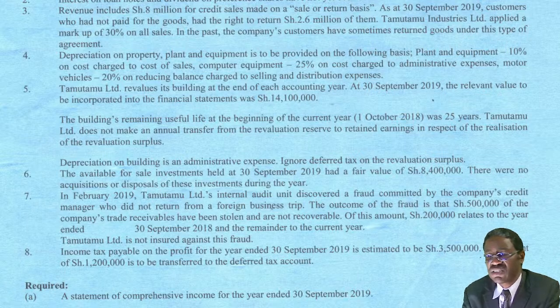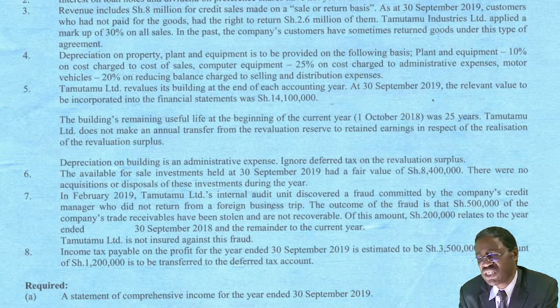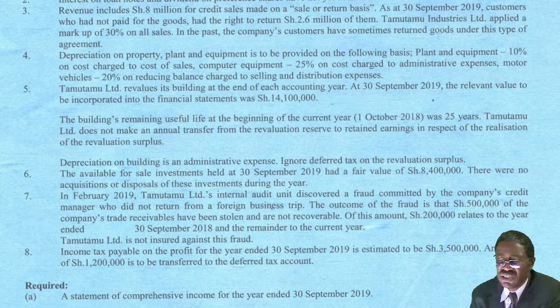Number 6 says, the available for sale investments held as at 30th of September 2019, that's the year end, had a fair value of 8.4 million. There was no acquisition or disposal of investments during the year. So that one, they just want you to know whether there's a gain or loss on revaluation of the available for sale investments and how to treat it.